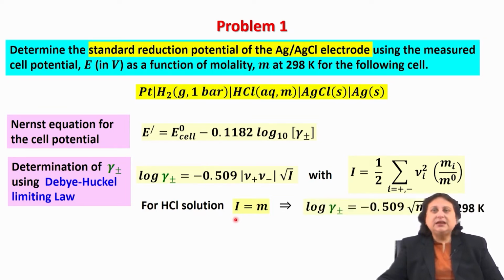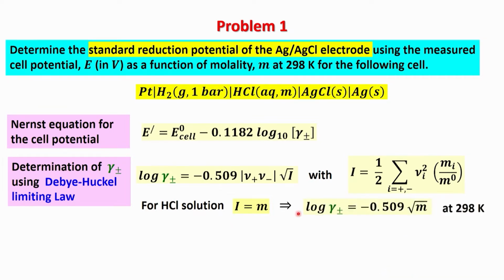So, this means that I can very easily write down that log to the base 10 of gamma plus minus is proportional to root m. But please remember, whatever I am writing out over here is valid at 298 Kelvin.